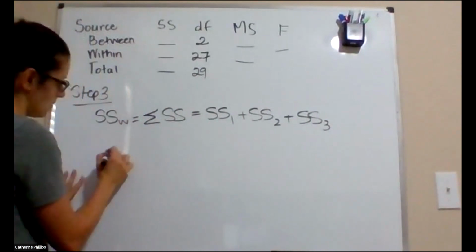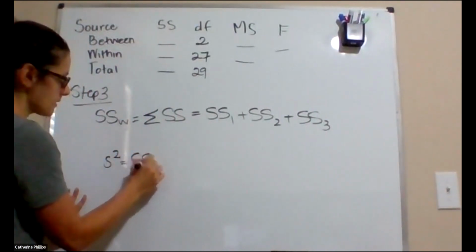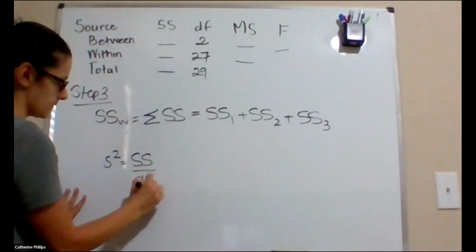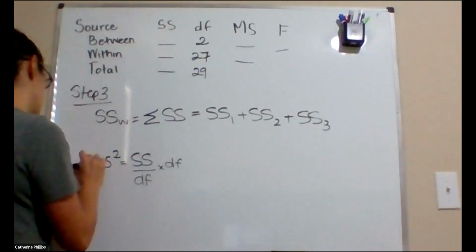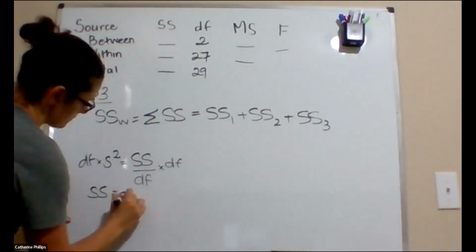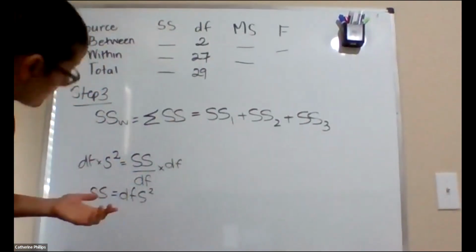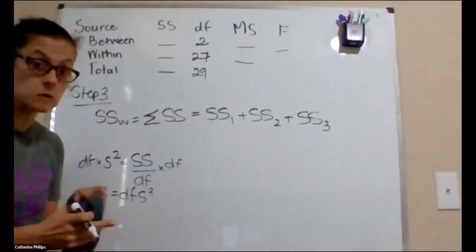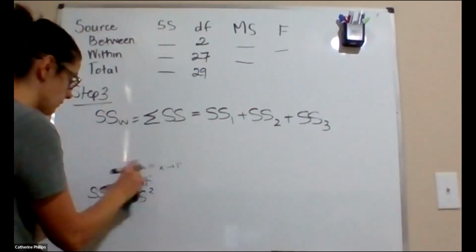But that's okay, because the variance, s squared, is sum of squares divided by its degrees of freedom. If we multiply both sides by degrees of freedom, what we get is that the sum of squares is degrees of freedom times the variance. And we have the degrees of freedom, that's n minus 1 for each group, and we have the variance. So we're good to go.